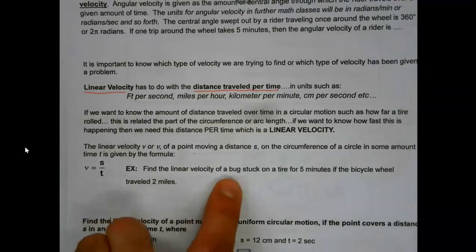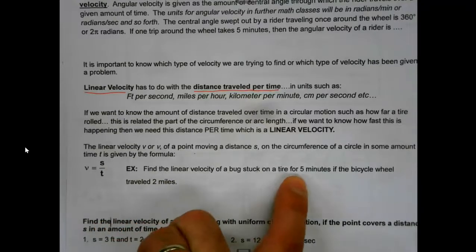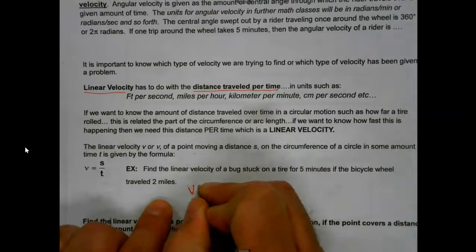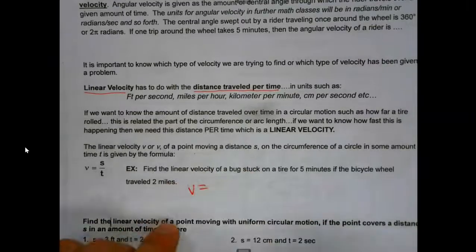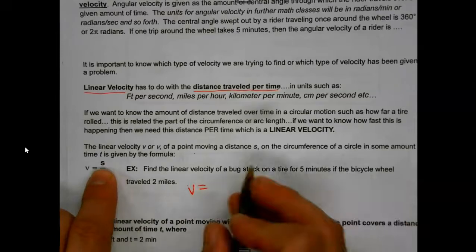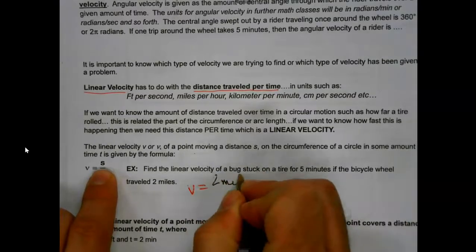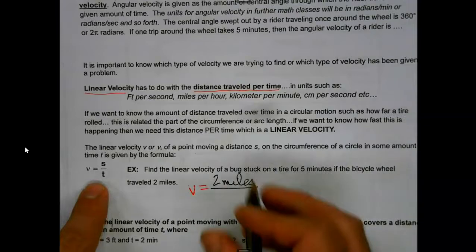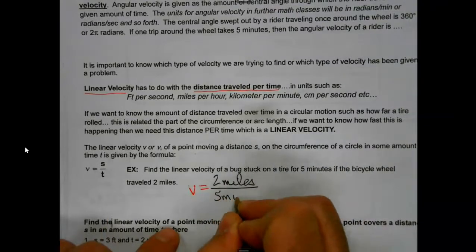Find the linear velocity of a bug stuck on a tire for 5 minutes if the bicycle wheel traveled 2 miles. So here, my distance is 2 miles. My time is 5 minutes.